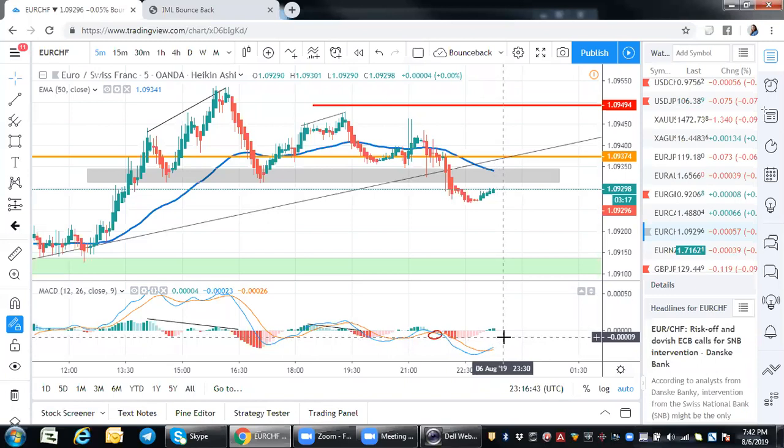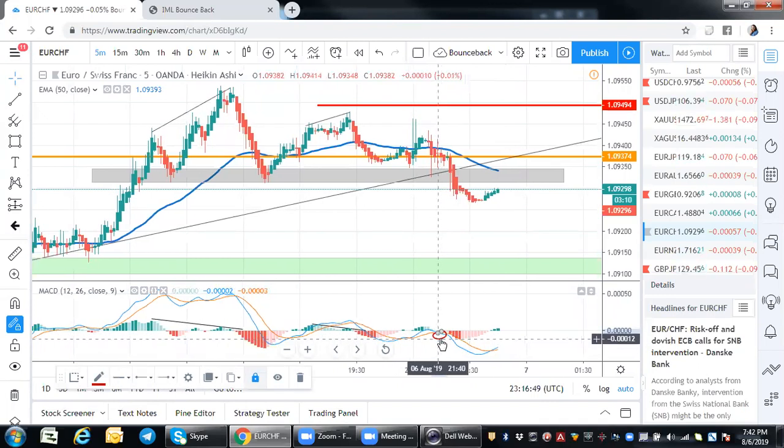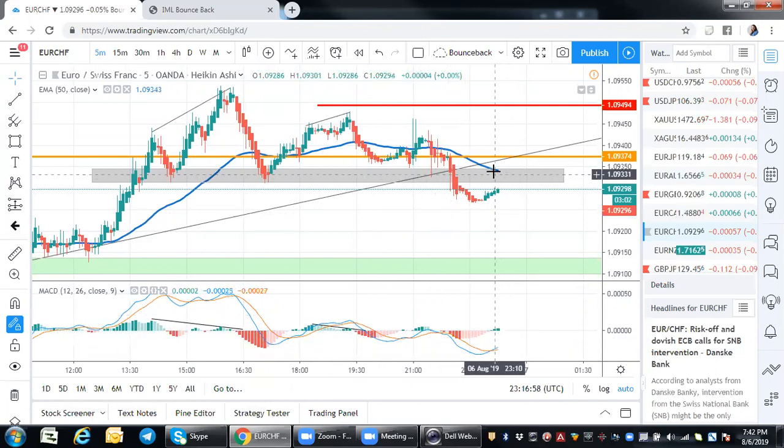You want to see the MACD give the same type of pullback here that I would have identified with this circle. So same thing that we have here where it pulled back, and then the lines crossed again, the blue cross under the orange. You could look for that when it gets back up into that resistance zone.